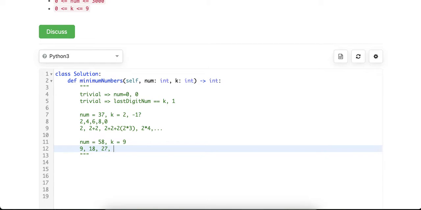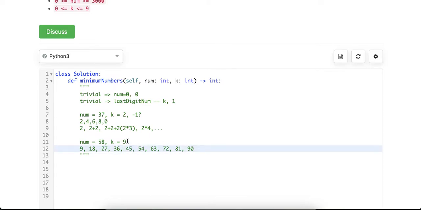And then what else? 9 times 4 is 36. 45. 54. 63. 72. 81. 90. 99. So this one is already a repeated one, right? Once the last digits are repeated, we don't need to go further. So these are all the unique last digits that can be built with k equal to 9.